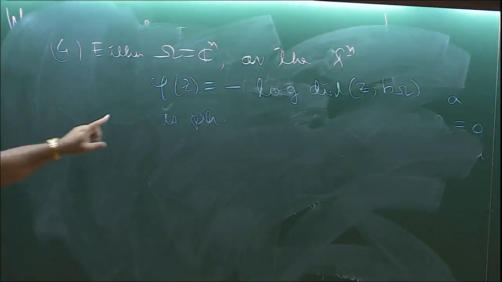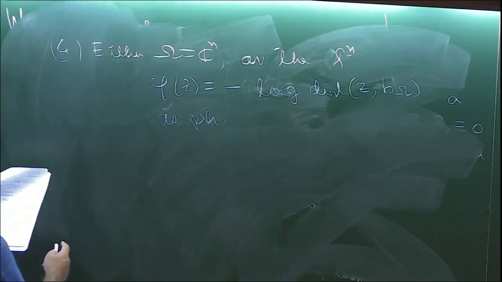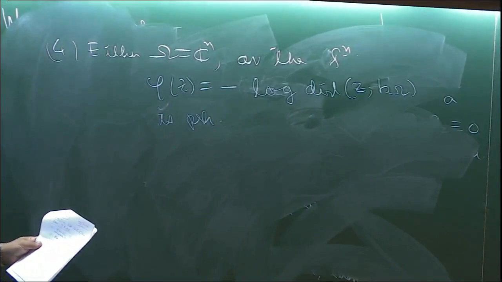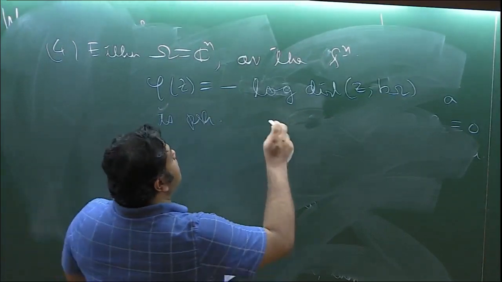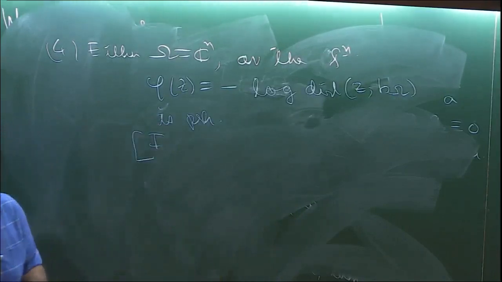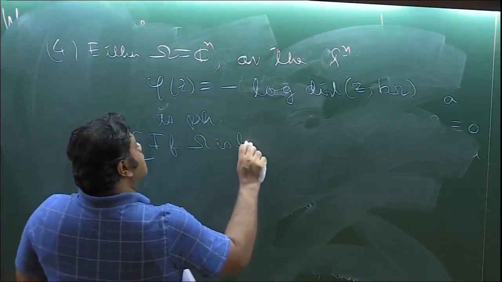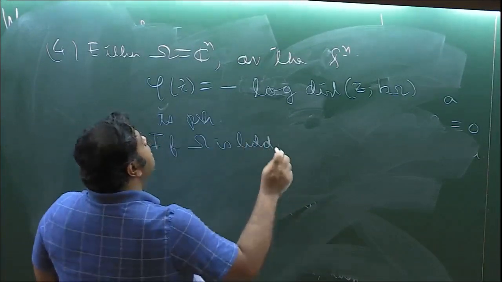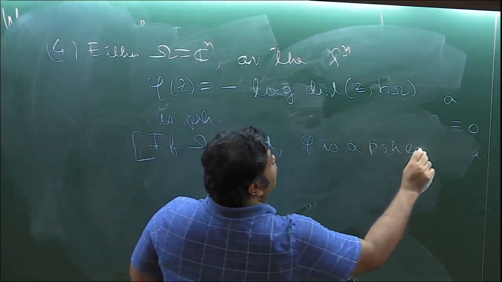Here I'm saying a concrete function is actually plurisubharmonic. If omega is bounded, this is an exhaustion function. But not necessarily strictly plurisubharmonic.